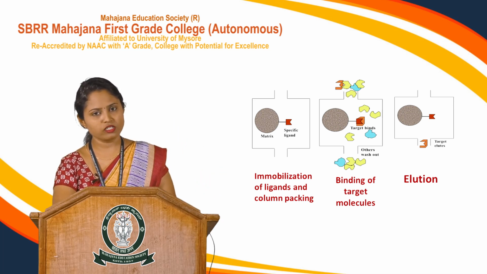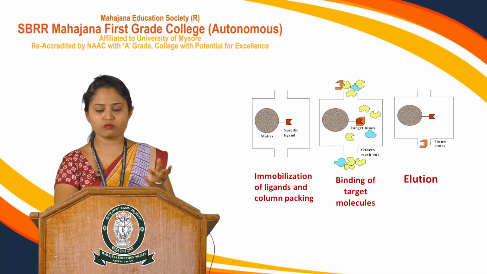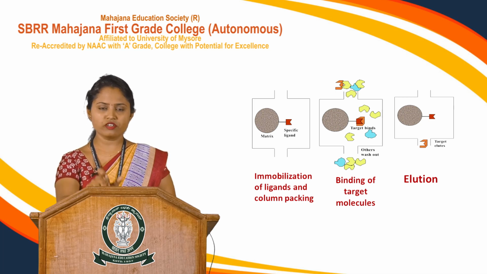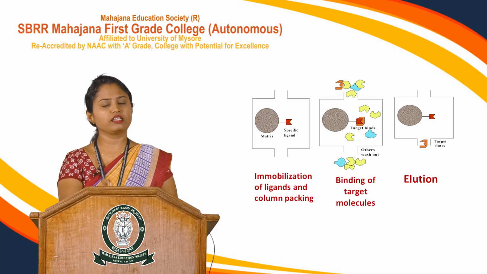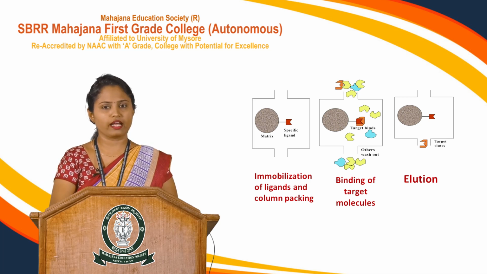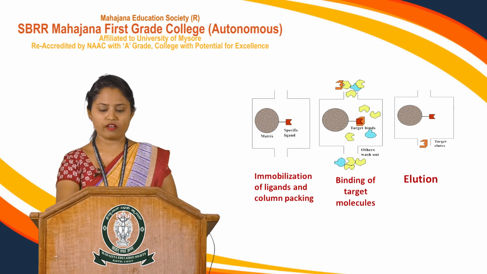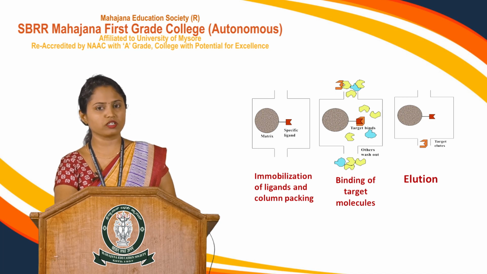As the sample traverses the column, now you can look into the slide, we have a mixture represented by different colors like orange, yellow and blue. As they traverse through the column, the specific molecule which can identify the specific functional group on the ligand is going to bind. For example, in the slide, we have a specific molecule represented by an orange geometrical figure, which has a specificity for binding the ligand.